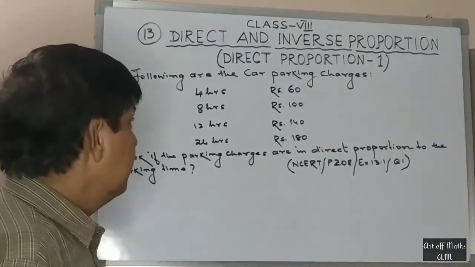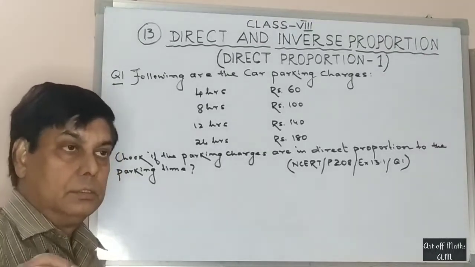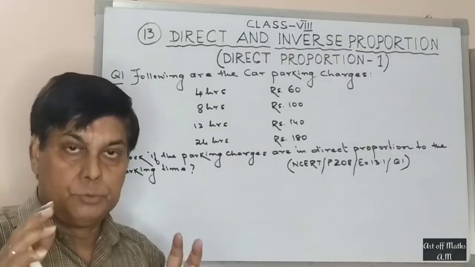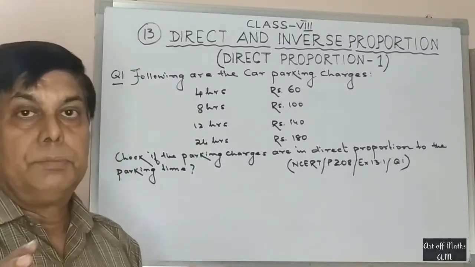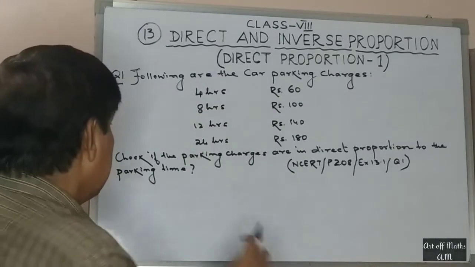To solve this question, first of all you have to check: to be in direct proportion, the ratio between the two quantities must be equal. Now, let us check.